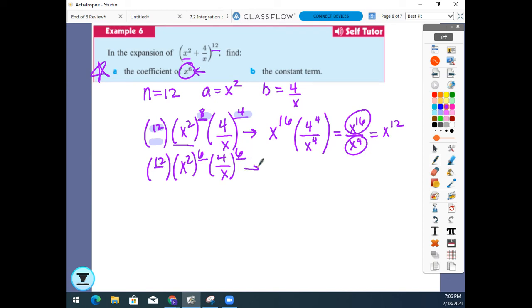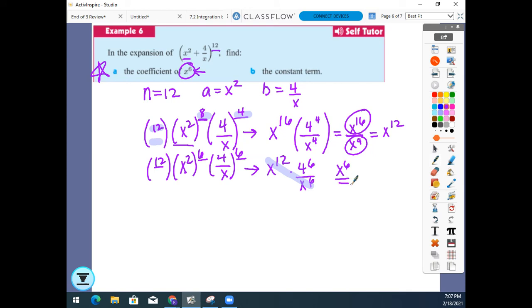How does this work? x squared to the 6th power, to a power we multiply, we get x to the 12th. If I raise the second part to the 6th power, I get 4 to the 6th over x to the 6th. And when you look at this, we get x to the 12th over x to the 6th. Dividing bases, subtract the exponent. This is what gives me x to the 6th.